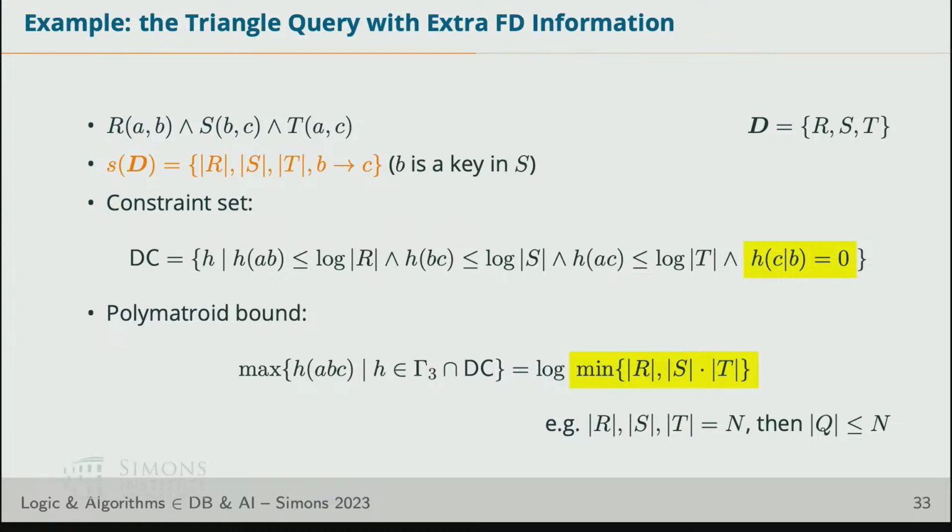So we have one extra constraint, and you plug it into the bound. The constraints are just like before with this one extra one, but now the bound drops significantly. Instead of n to the 1.5, now we just get n. So this corresponds to the out degree of B being 1. That's right, yeah, precisely.